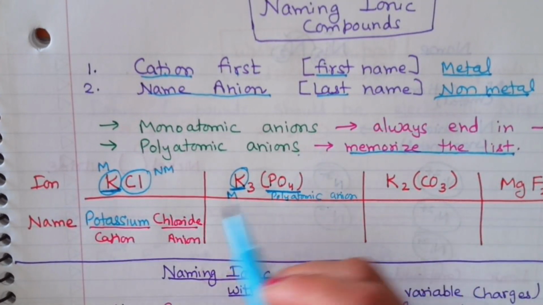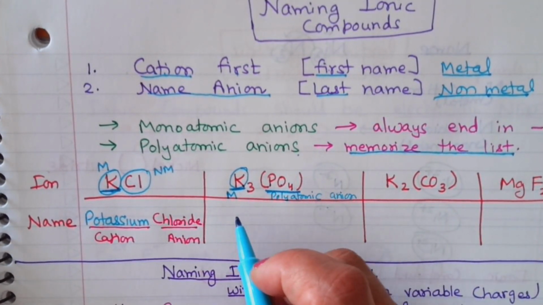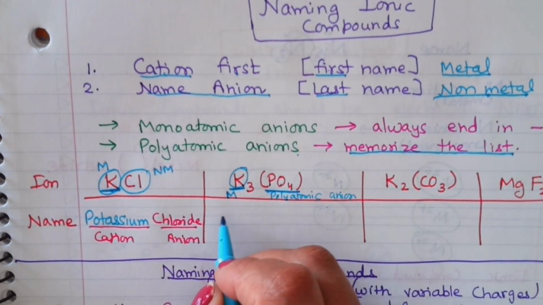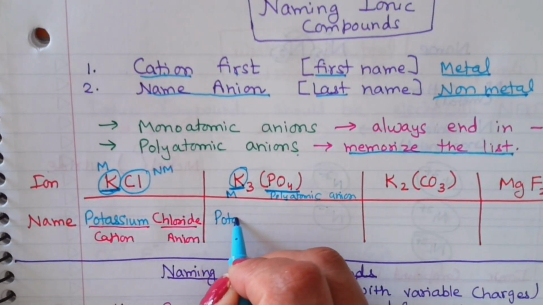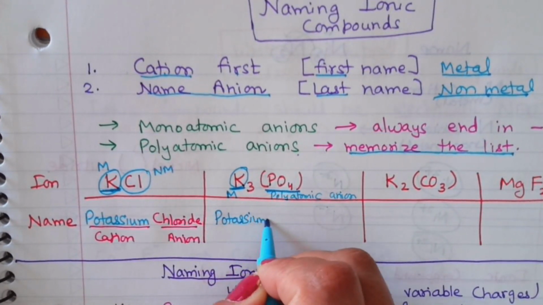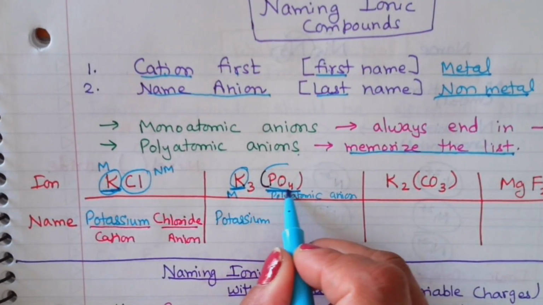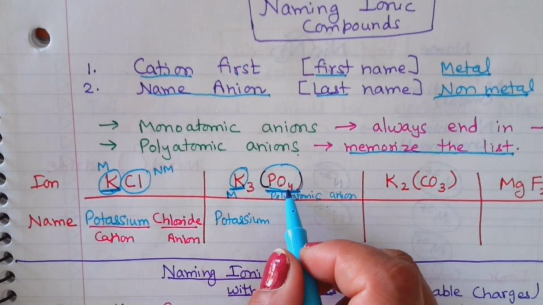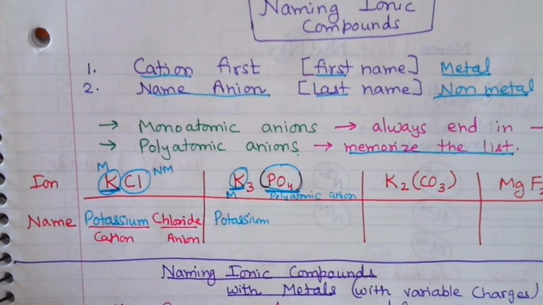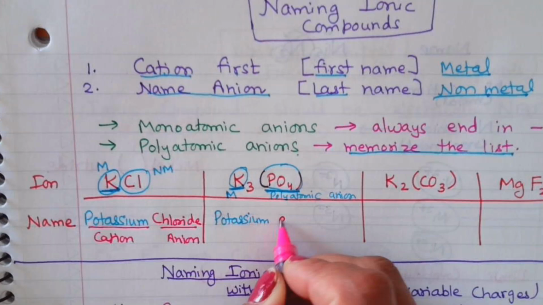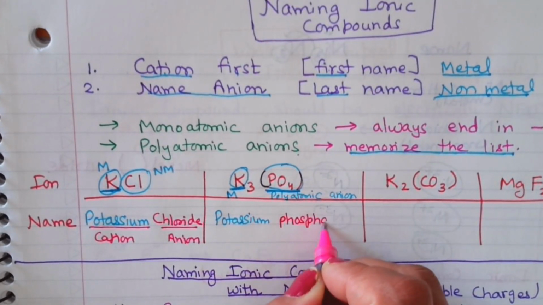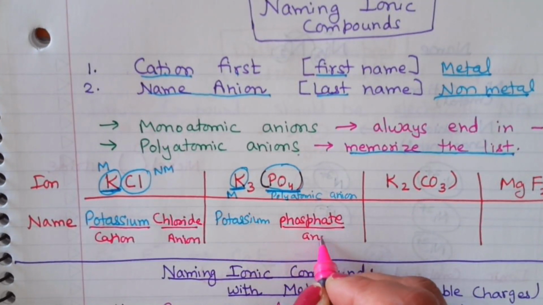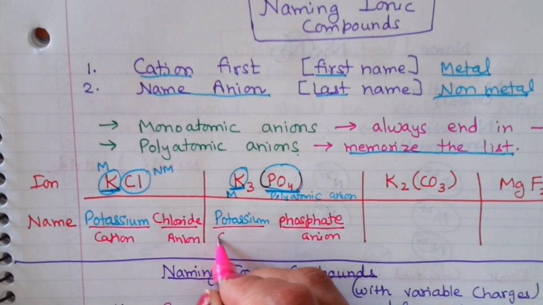The name starts with the cation, which is always the metal, so we write potassium again. And this anion you need to memorize. PO4 is phosphate, so this is potassium phosphate. It starts with the cation and ends with the anion.